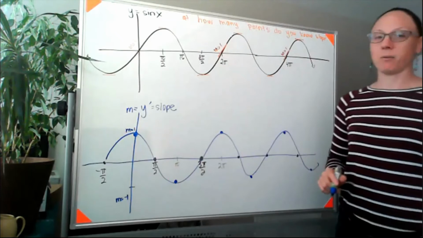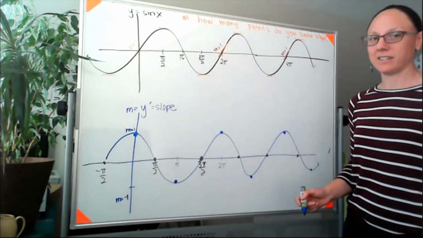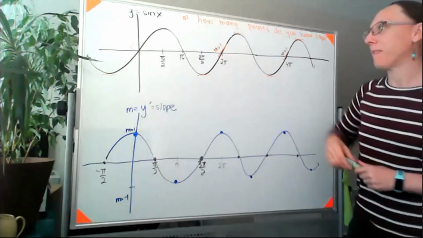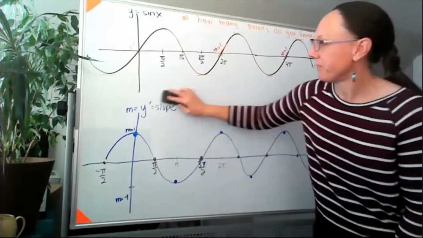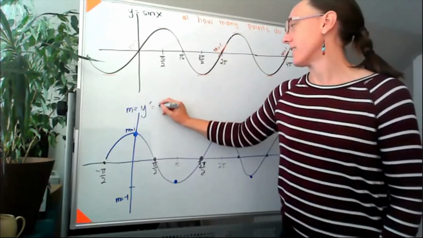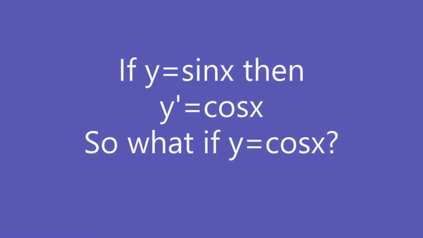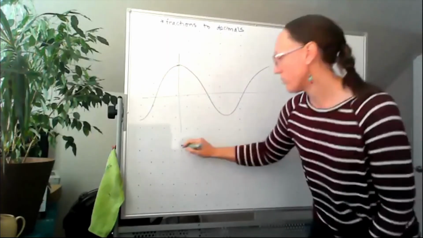And someone clever might say, wait, that looks like cosine. And you'd be right. If my original function is sine of x, the derivative of sine of x is equal to cosine of x. And I'm thinking about, well, what are those slopes going to be?